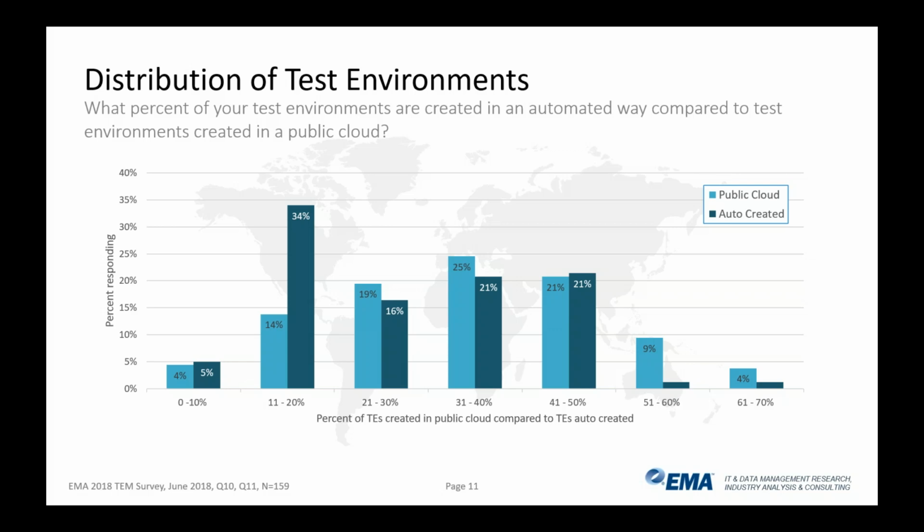So if I'm reading these numbers right, it sounds like of the couple hundred environments on average people have, only 30% are created, up to 40% in that range, and maybe half are in the cloud. So now they've got a problem where some are in the cloud, some are auto-created, and they've got to figure all that out. Well, that's right. This whole idea of hybrid is ultimately going to rule the day.